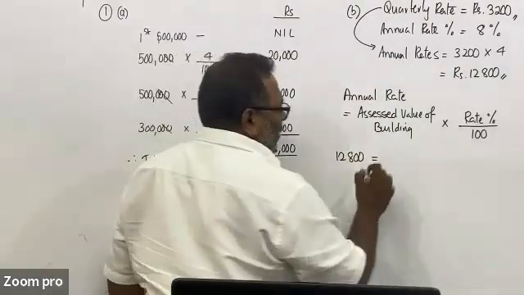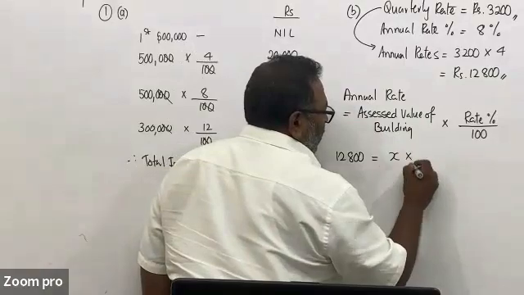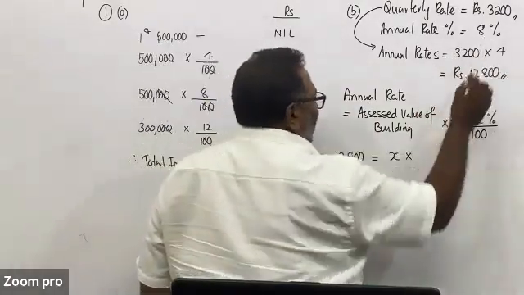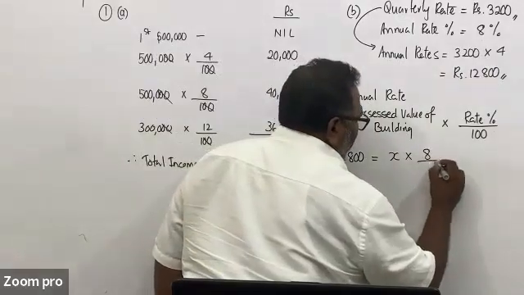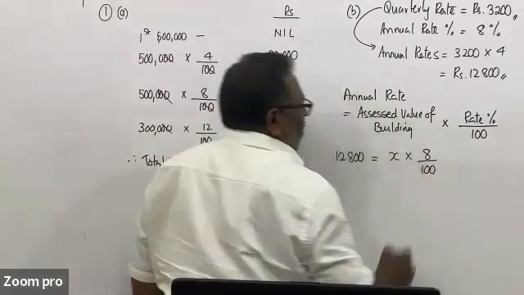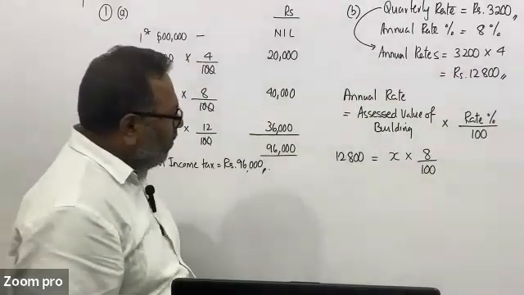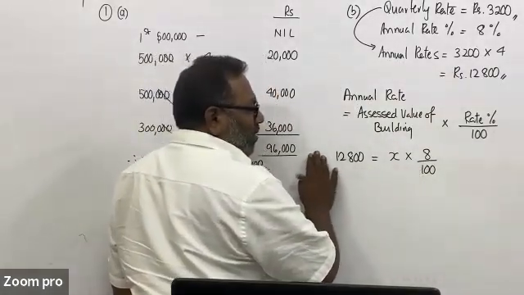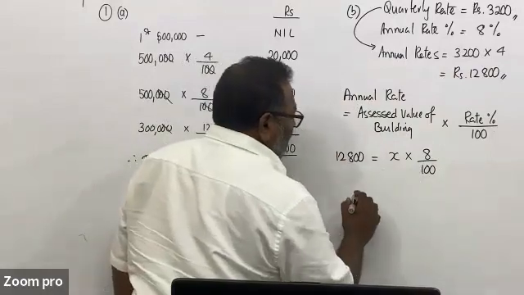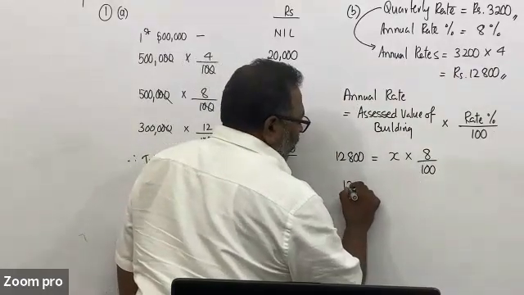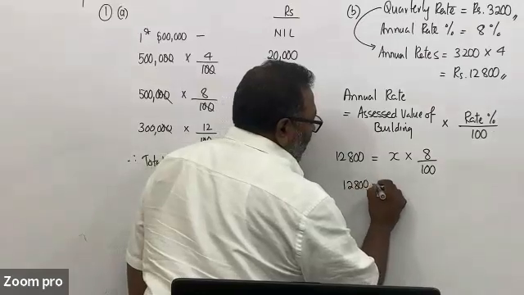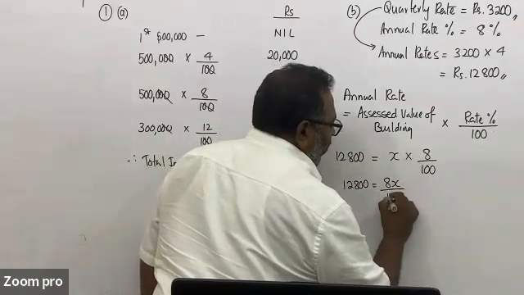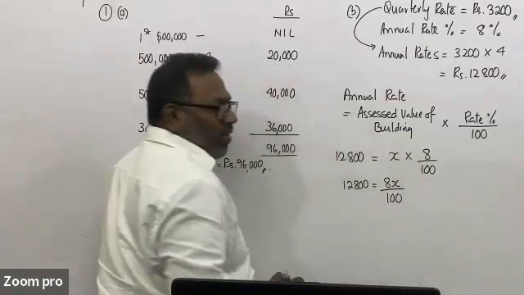We don't know how much it is, so X into the rate percentage, 8 over 100. Simplify now. 12,800 is equal to 8 into X, that is 8X over 100.